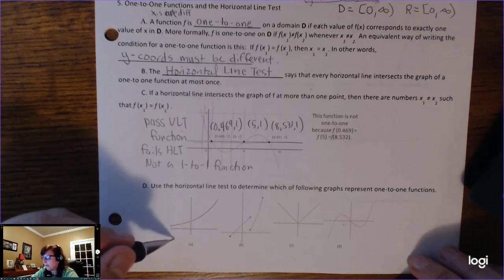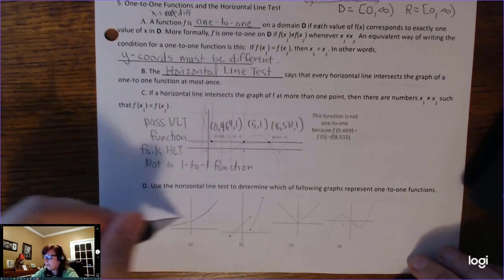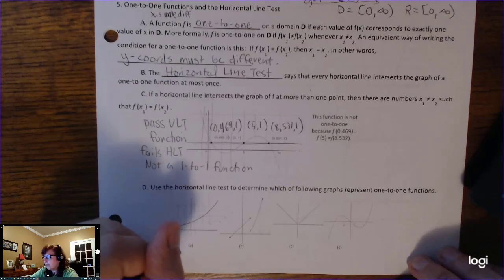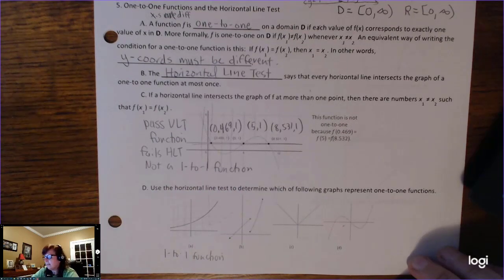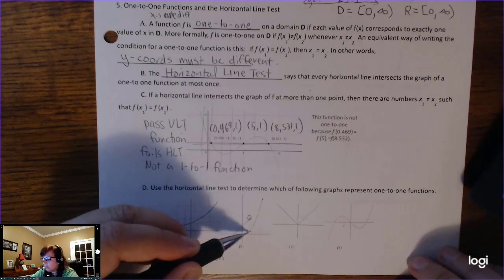Okay, so this one passes the vertical line test, so it's a function. It also passes the horizontal line test, so this is a one-to-one function. This one is really hard to see, but there's a hole there, which is really important, and this is a colored dot.